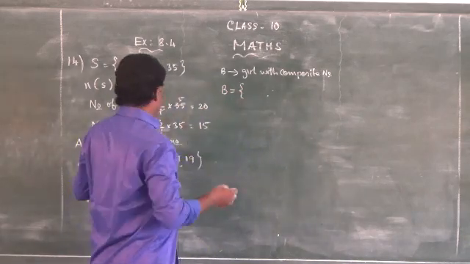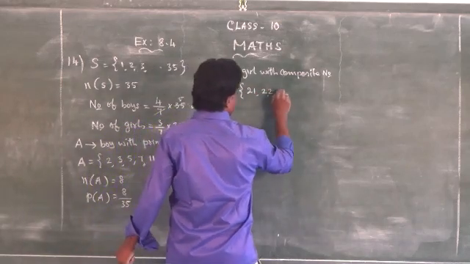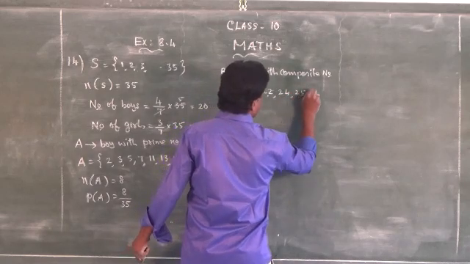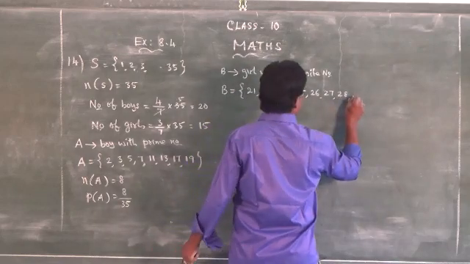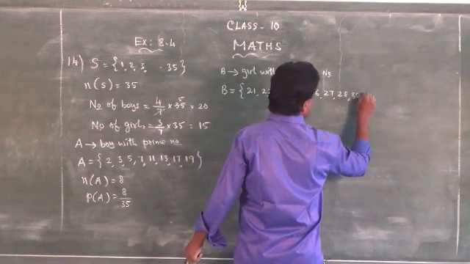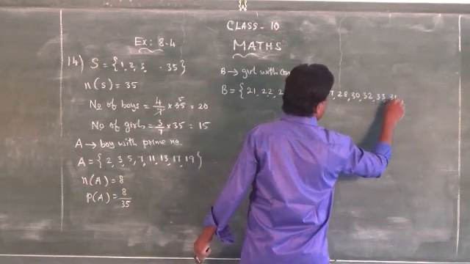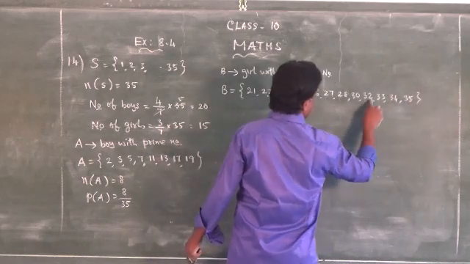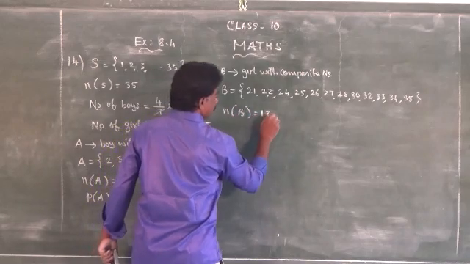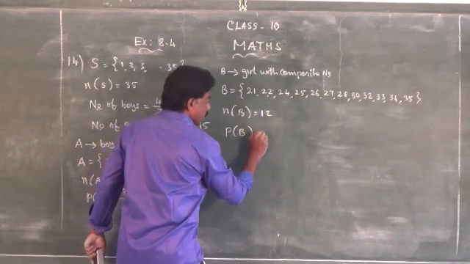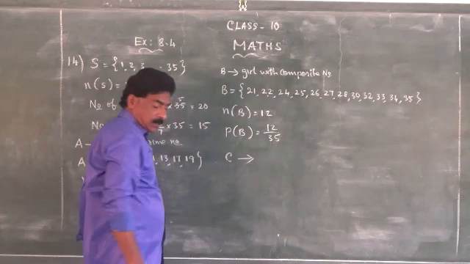Except the prime numbers: 21, 22, 23 is prime, 24, 25, 26, 27, 28, 29 is prime, 30, 32, 33, 34, 35. So n(B) is 12. P(B) is 12/35.